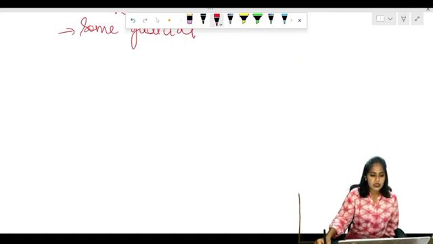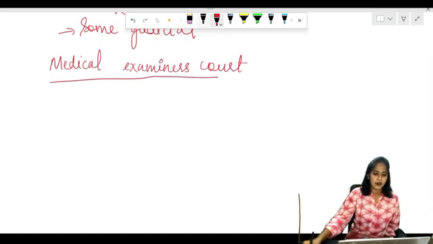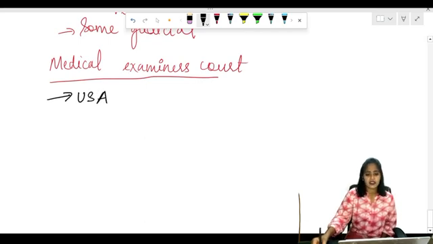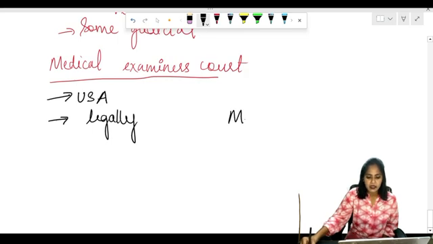So the last one is the medical examiner's court. Like the name suggests, medical examiner. This is mostly followed in foreign countries, mostly the USA, where they call it a forensic pathologist. This medical examiner is a person who is legally and medically qualified.